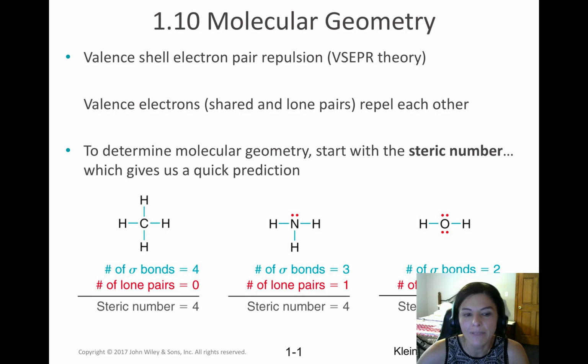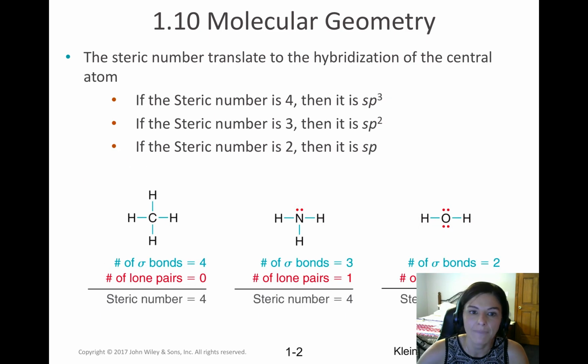All right, so let's look at some examples here. We've got a carbon. The carbon has 4 sigma bonds, no lone pairs, steric number of 4. Nitrogen has 3 sigma bonds, 1 lone pair, also steric number of 4, okay? And then oxygen finally over at the end has 2 lone pairs, 2 sigma bonds, steric number of 4, okay?